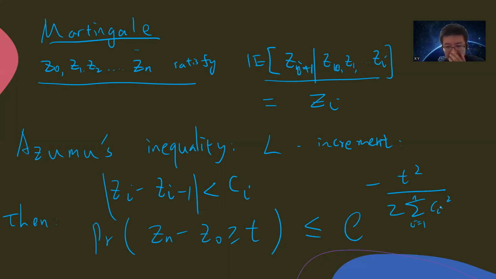You can see this is exactly the same as the first version if you replace t with lambda, and replace li with ci.